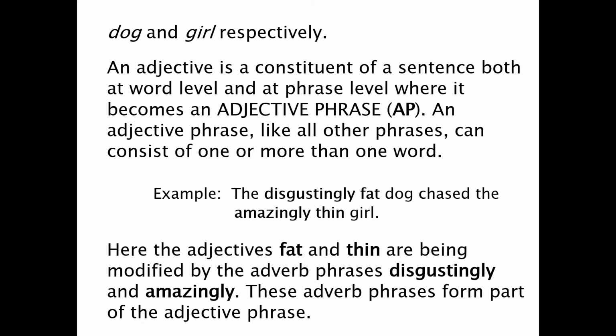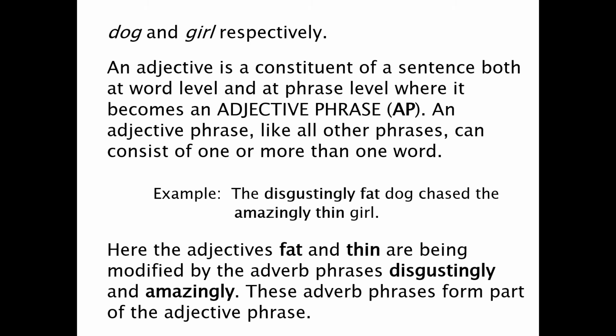إذن يمكن القول هنا ونقول أن الحال هذه, this adverb, هي طبعا جزء من الادفيرب phrase. واضح؟ No, هي جزء من الادجكتيف phrase, لأنه عندنا because I would say the head noun is what is fat. I cannot say the disgustingly dog it chased the amazingly girl.